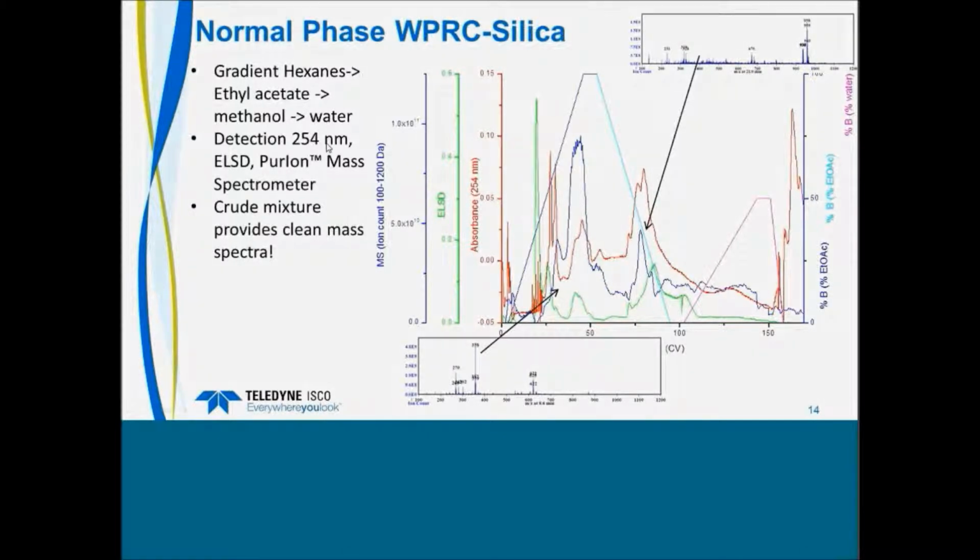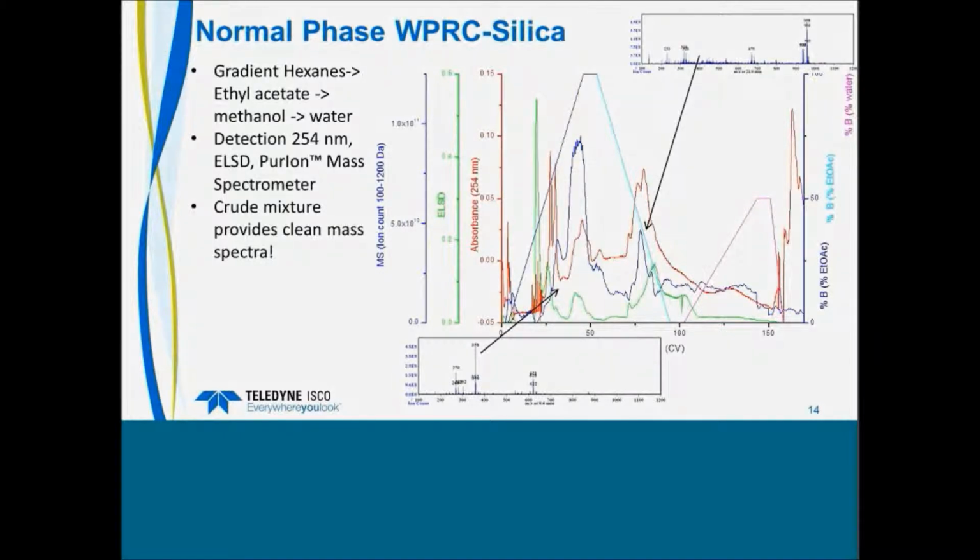Detection was at 254 nanometers, the ELSD, and the PurIon mass spectrometer. Even though I'm running a very, very crude mixture, you can see that I'm getting some very clean mass spectra out of here, despite a number of peaks eluting next to each other.